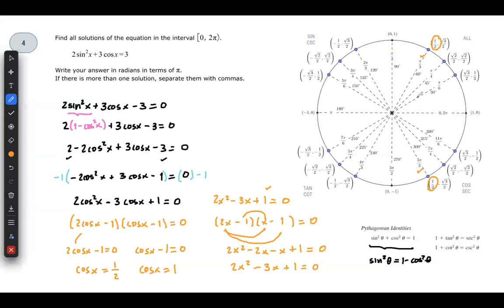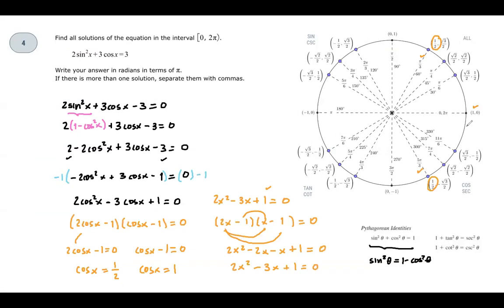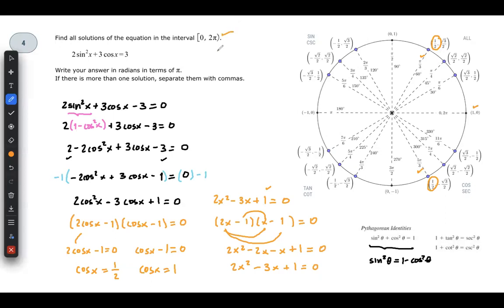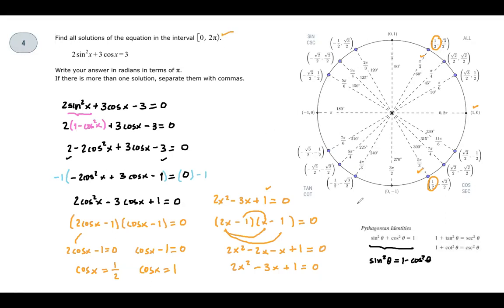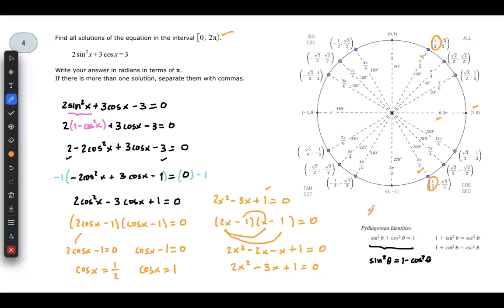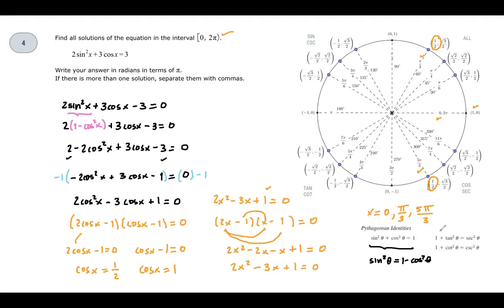Now cosine becomes 1 here at 0 and at 2 pi, but just consider that the 2 pi should not be part of your solutions. So my solutions are gonna be in order: 0 radians, pi over 3 radians, and 5 pi over 3 radians.